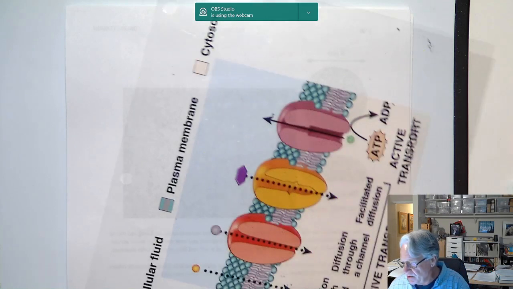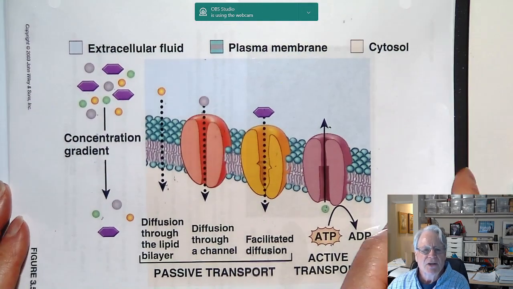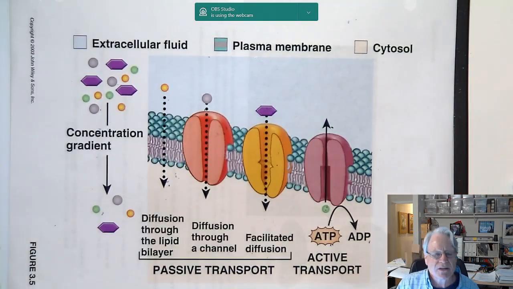And we'll do that with this little overhead here. So, as you can see, this is a very simple diagram that's going to show us a number of the things that we've just talked about.